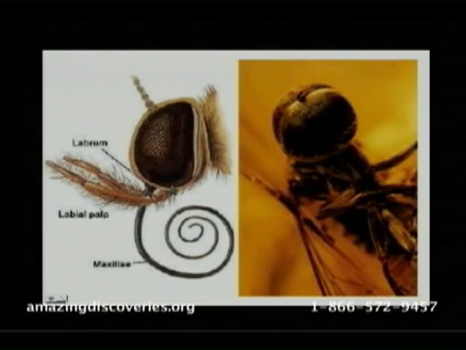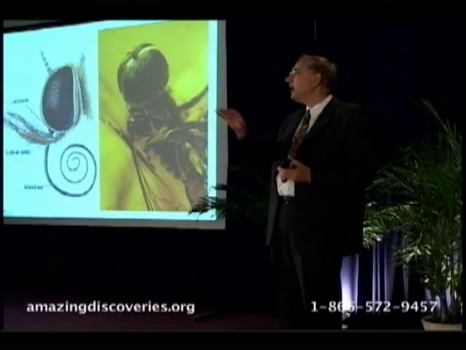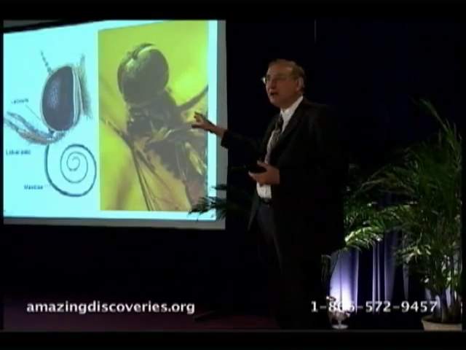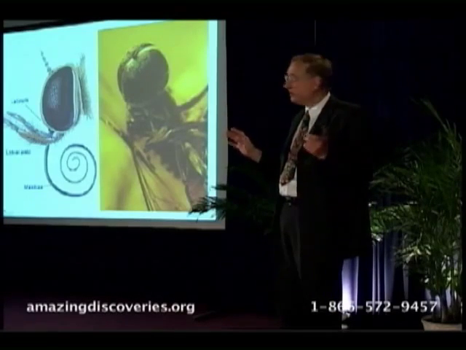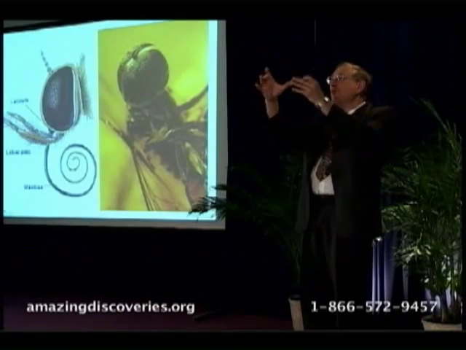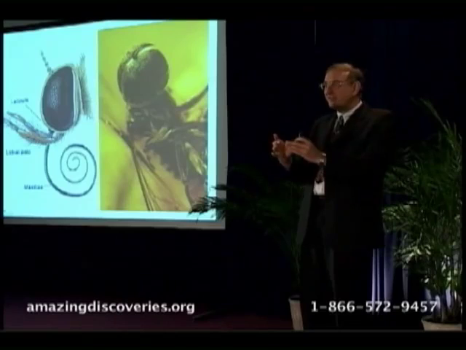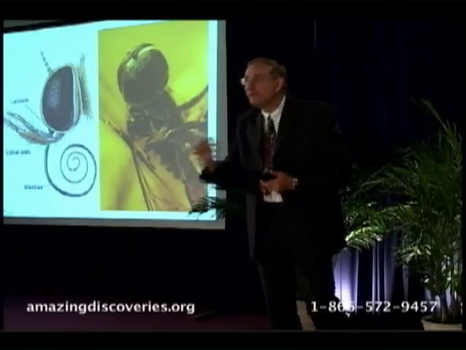Here you have an eye of an insect. One of the most intricate structures known in the world today. The eye, of course, works totally different to ours. Our eye already is a nightmare to evolutionists. But this eye is even more of a nightmare because it's made up of perfectly shaped little mirrors, and each of them has to be absolutely perfect to work.